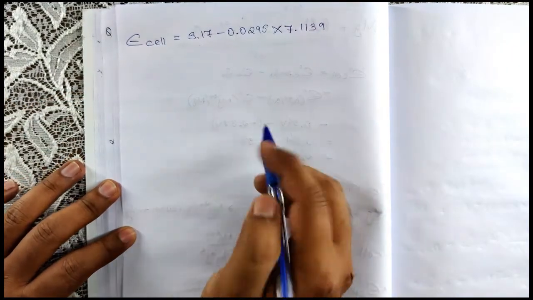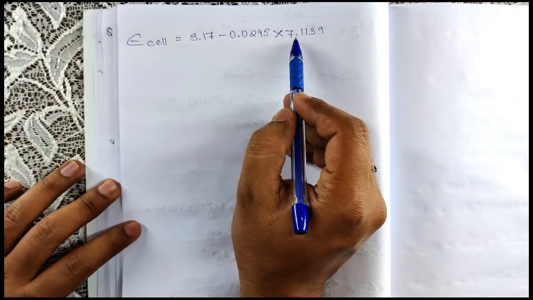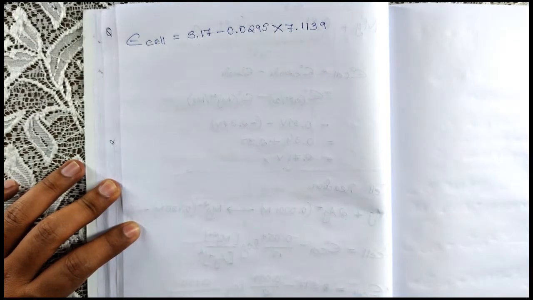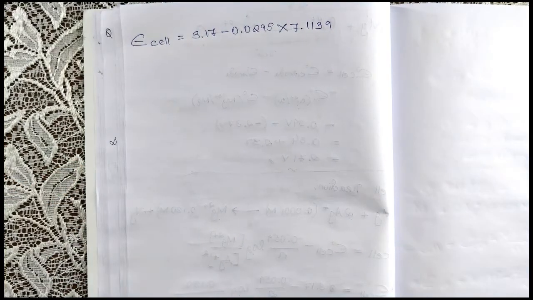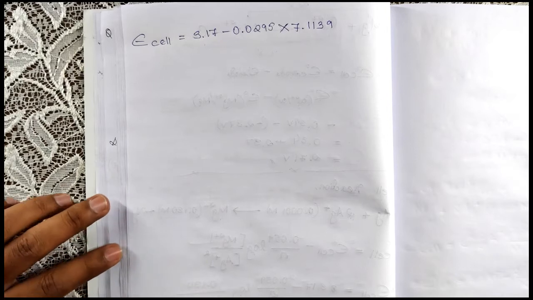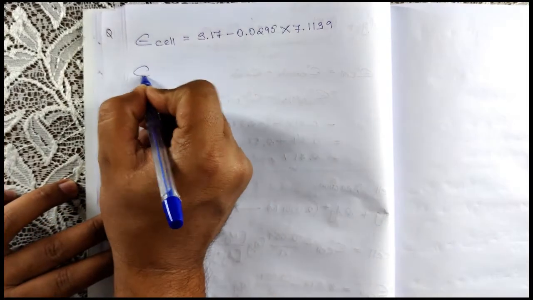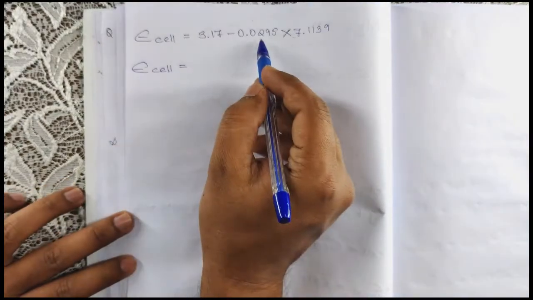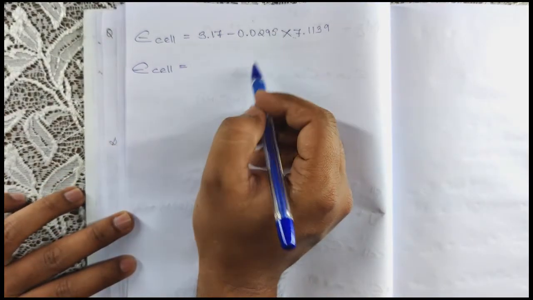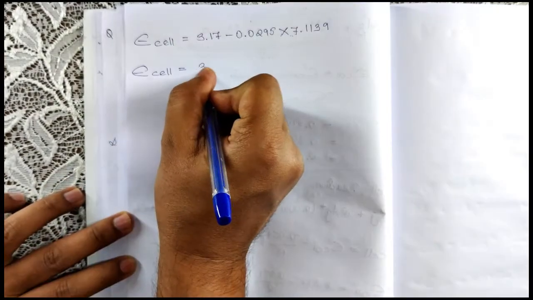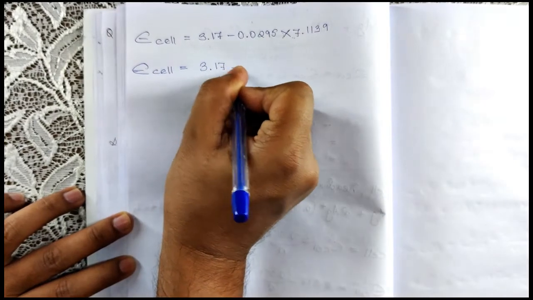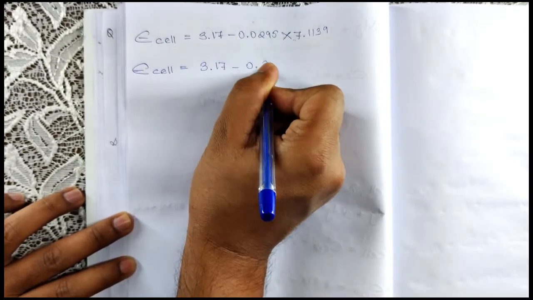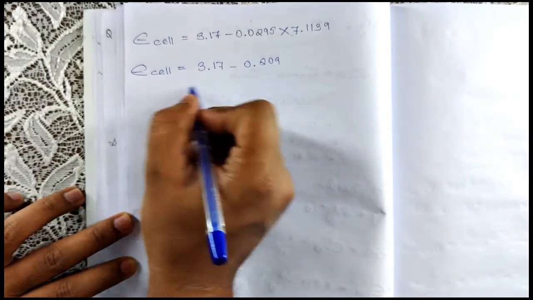So now, if you calculate the log, you will get 7.1139. Now, if you multiply these two numbers out here, you will get 3.17 minus 0.209.